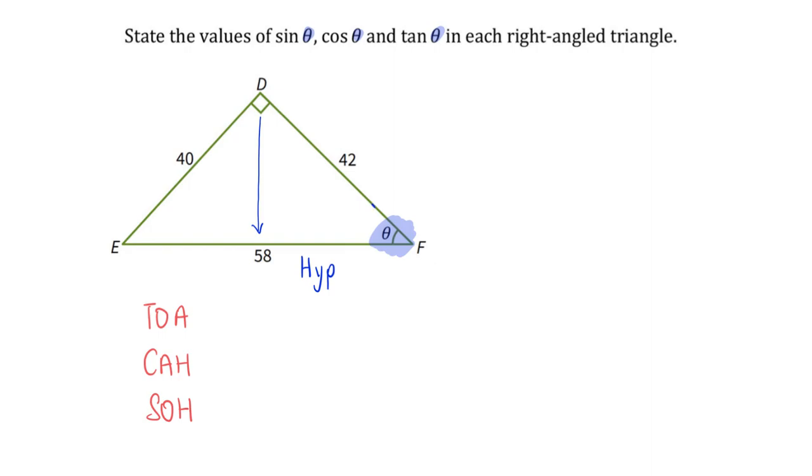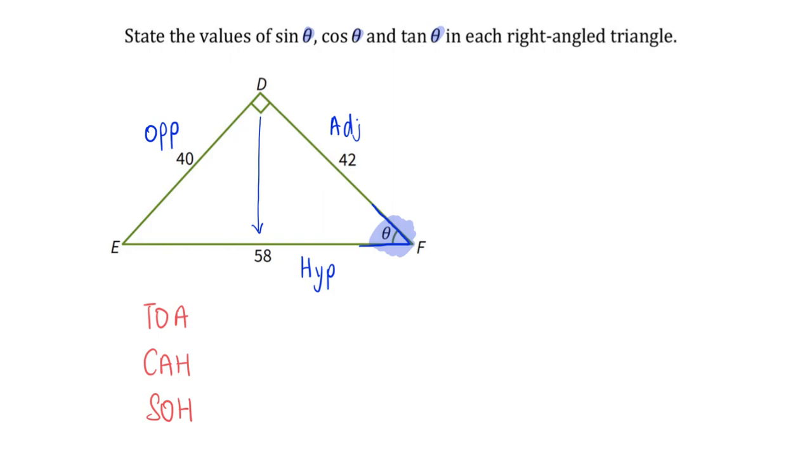And this length DF makes the angle theta with the hypo. So in this case here, this will be my adjacent side. And the last side that we are looking at is this, the opposite side. It does not touch the angle at all. It is directly opposite to the angle.